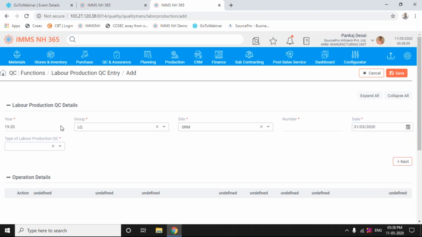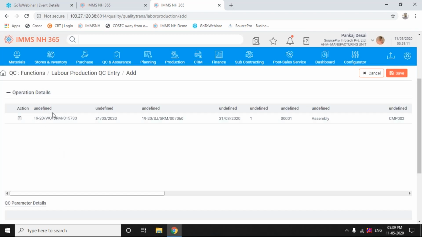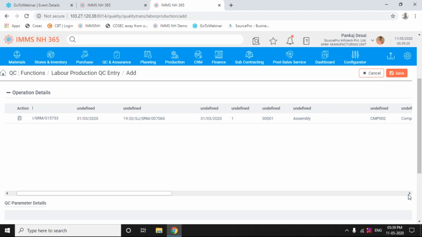Let's go to the screen that Sunil has opened right now, which says labor production QC, where if the operation is defined, you can just enter the quantity.